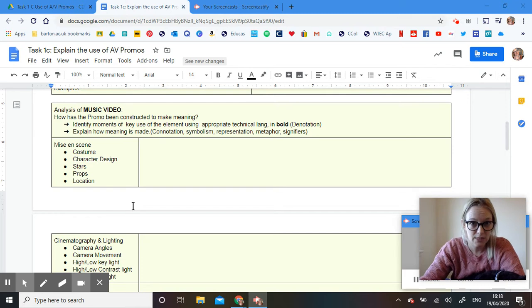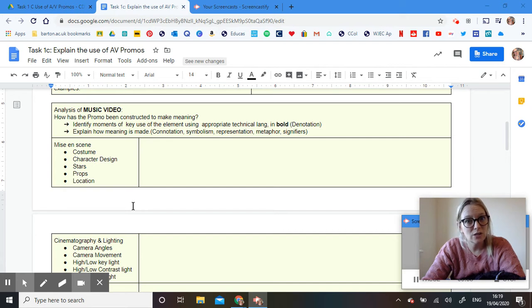And this is how we want it to be. Identify key moments in the product. Don't just describe what you see all the way through. That's not what we want. So pick 3 key moments from the product, and then you're going to describe them using the technical language that you learnt for Unit 1.